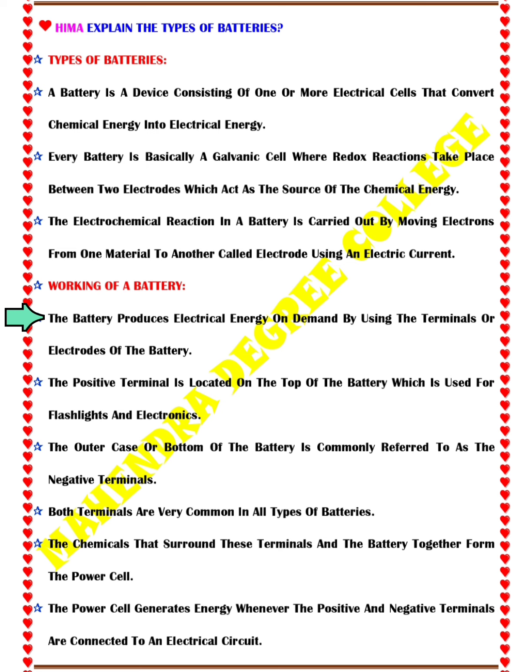A battery creates electricity from chemical energy stored inside it. This electricity is called electrical energy. This means the battery only produces electricity when needed. For example, when you turn on a flashlight or press a button on a remote.